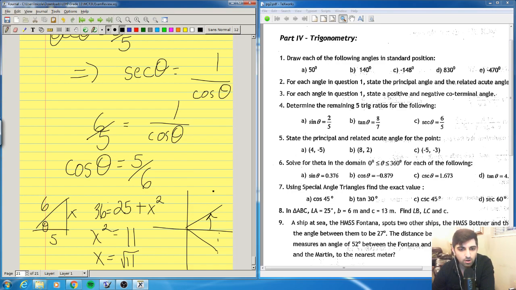Because here we have all are positive, and here we have just cosine is positive, which means sine and tan are negative, and here sine and tan are positive. So that means sine theta is going to be equal to plus or minus opposite, which is root 11, over hypotenuse.